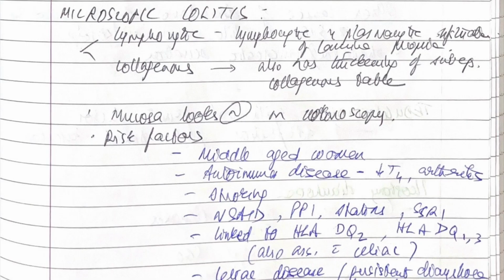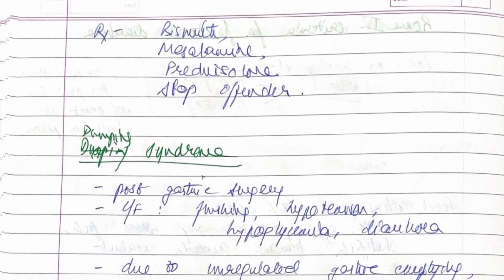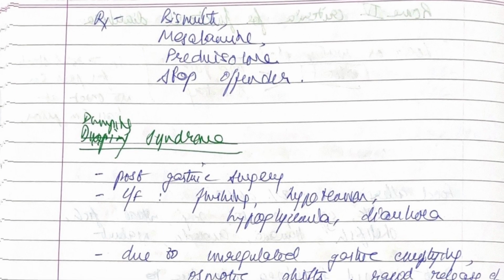And it's associated with celiac disease, and these patients with celiac disease do not respond to a gluten-free diet. They continue to have diarrhea. Treatment includes bismuth, mesalamine, prednisolone, and of course we stop the offending drug.